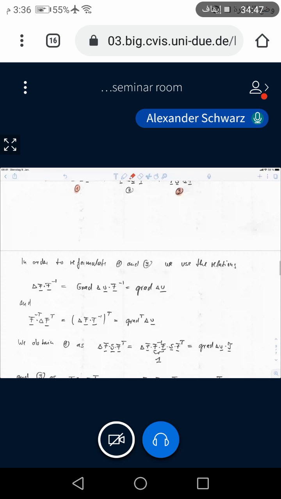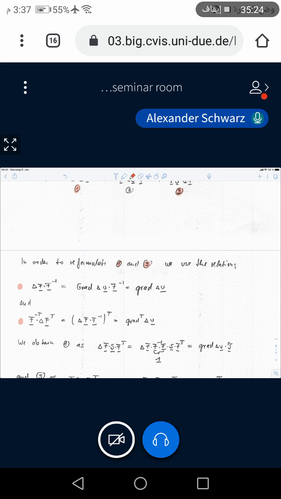What we take into account now is delta applied to F inverse, and the same holds for the transposed: F minus transposed applied on delta F transposed, the equivalent only in transposed form.